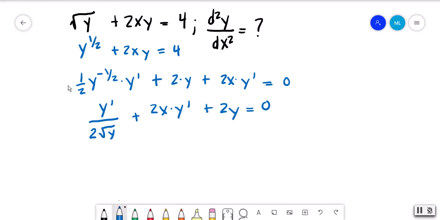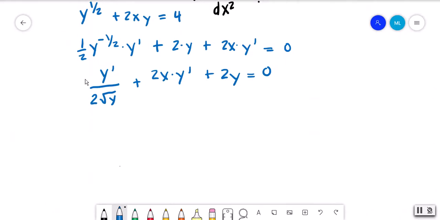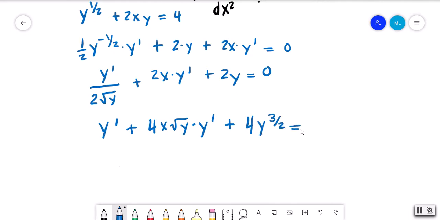If you go ahead and multiply by 2 square root of y, we end up with y prime plus, this is where it gets kind of interesting, 2 times 2 is 4, so plus 4x, and then the square root of y multiplied by y prime, and then plus 4. Now, y to the 1/2 plus y to the 1 is y to the 3/2. So you have y to the 3/2 equals 0.